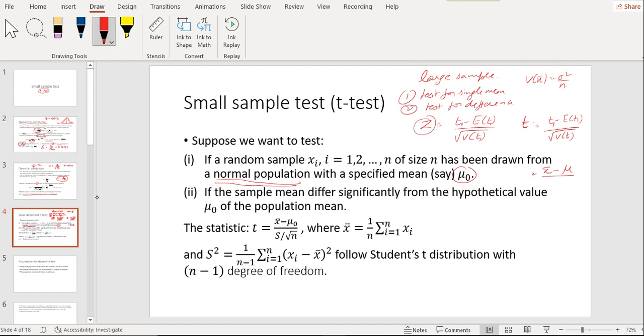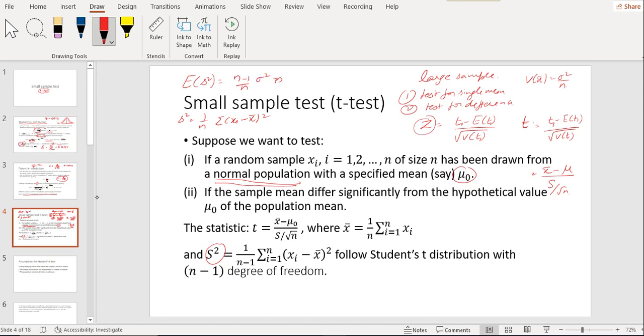Because the population variance is unknown, we are going to use its unbiased estimator, that is capital S. That's the reason the formula is replaced with capital S upon square root of n. We already know that the expectation of small s square, where small s square is 1 upon n summation (xi minus x bar) whole square, comes out to be (n minus 1) upon n times sigma square.